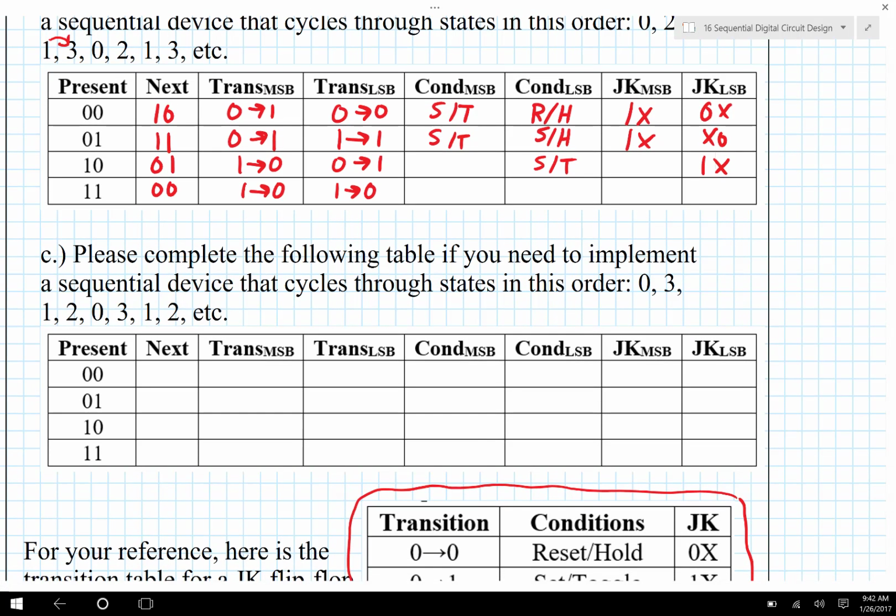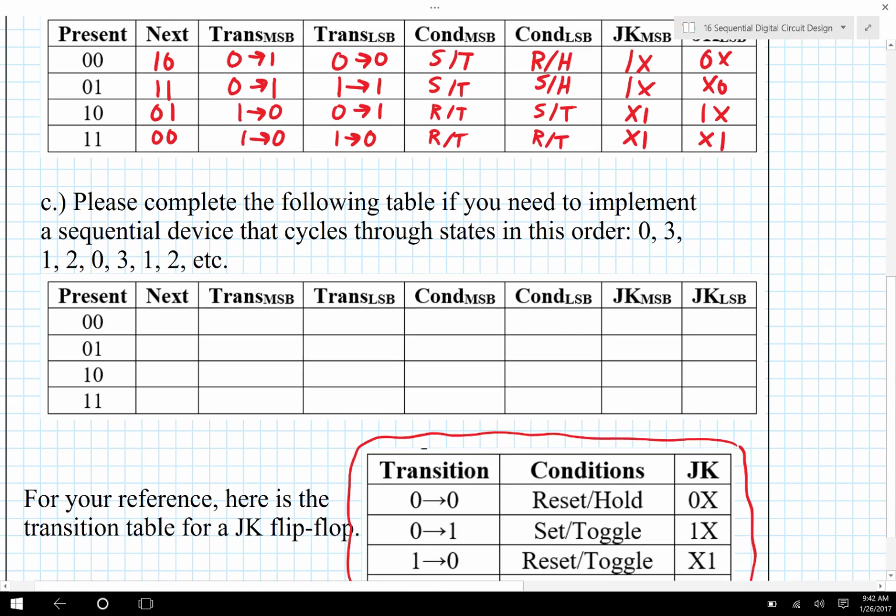There are not, but the three that remain are all 1 to 0. So 1 to 0 is a reset or a toggle. So reset or toggle, reset or toggle, and every reset or toggle is an x1. So it just makes the work a little bit easier if you can do it value by value instead of cell by cell.